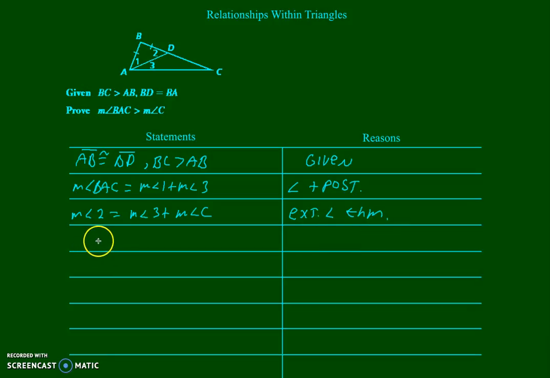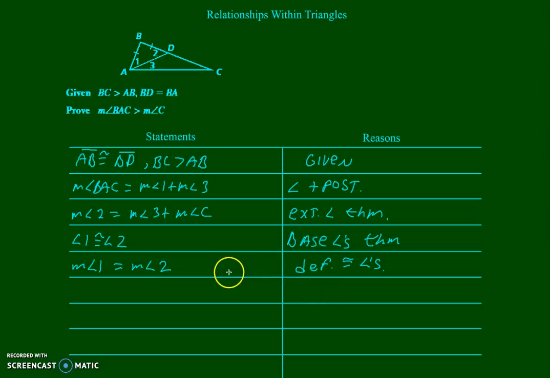Now to write all these together, we can see that this is an isosceles triangle, and therefore angle 1 and angle 2 are the same. So you know that angle 1 is congruent to angle 2, and that's the base angles theorem. And therefore the measure of angle 1 equals the measure of angle 2, and that's the definition of congruent angles.